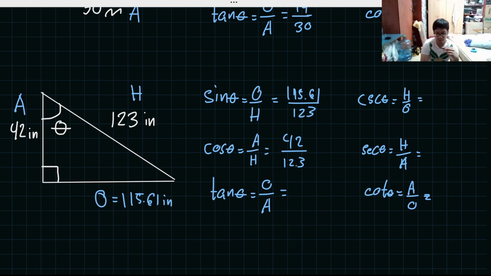Yes, we can simplify this one, because 42 and 123 are both divisible by 3. 42 divided by 3 is 14 and 123 divided by 3 is 41.